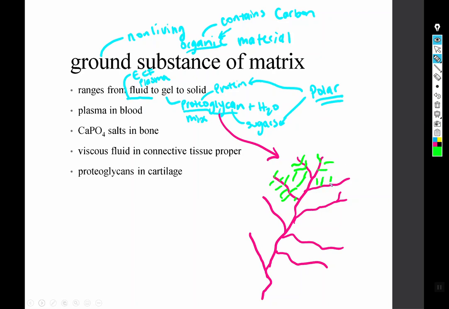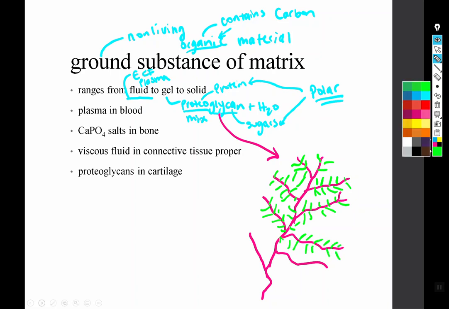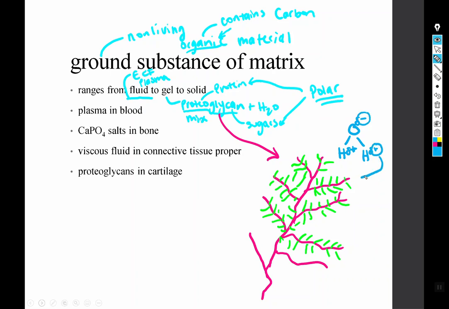So if we have this big sort of branchy tree-like molecule that has lots of positive and negative full or partial charges hanging off of it, if we take the time to remember that water is shaped like this, and the different areas of the water molecule have different partial charges, that means that these charges are going to be attracted to the charges present on the molecule.